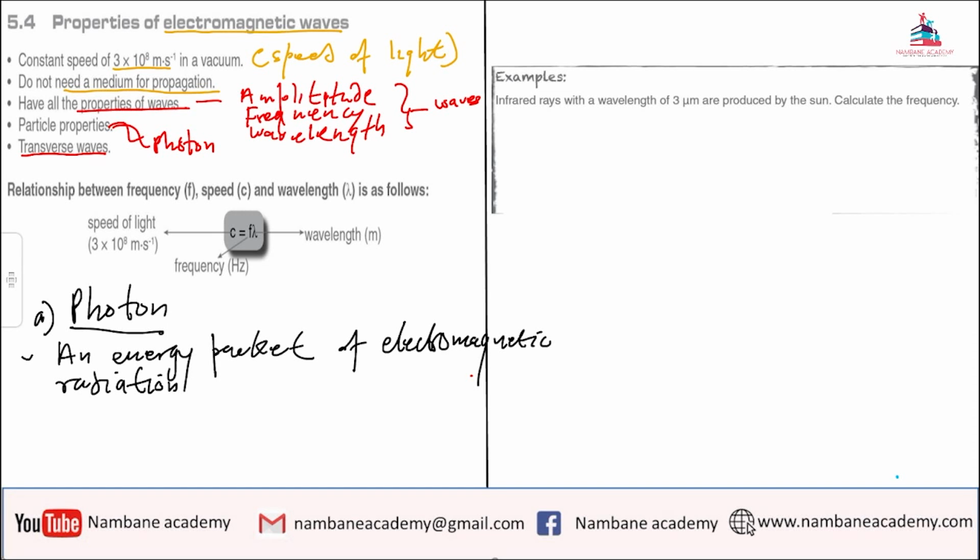However, in this instance, we are only going to use it in a sense of looking into the equation C equals F lambda, where C is the speed of light, F is the frequency, and lambda is the wavelength in meters.